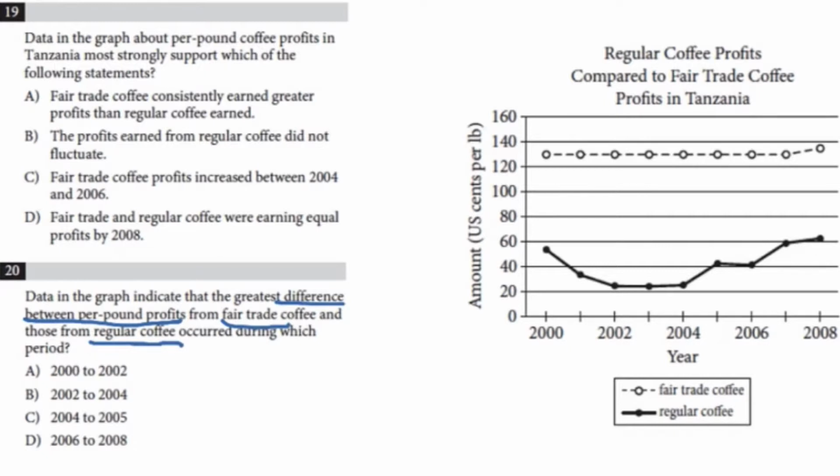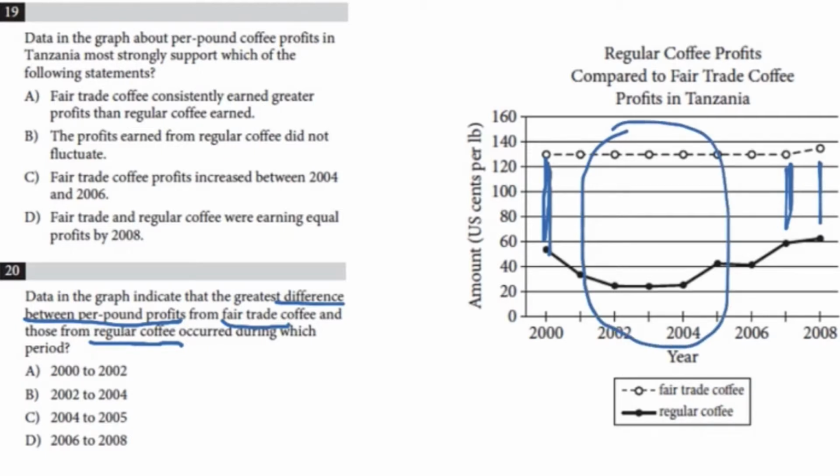If we go back to the graph, we can see that the difference is at its smallest in the year 2000, 2007, and 2008, and it's greater in this area here.